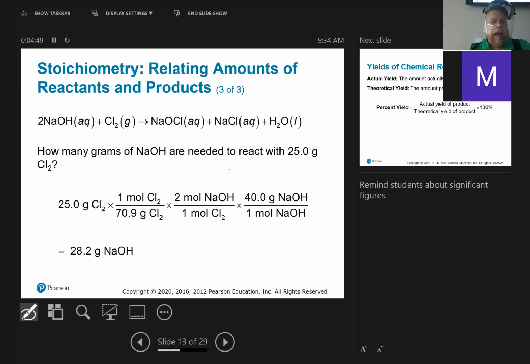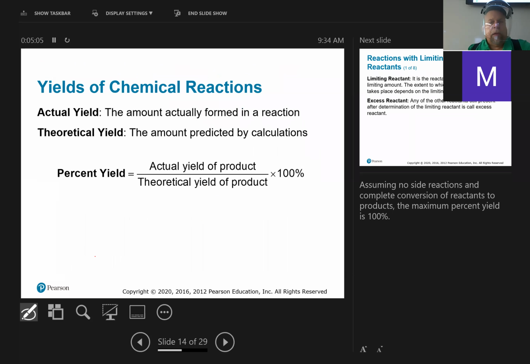But again, here we have the grams of this cancel, the moles of chlorine cancel, the moles of sodium hydroxide cancel. Now you have 28.2 grams of things, just like I had in my bad handwriting before. The actual yield is the actual amount actually formed in the reaction.